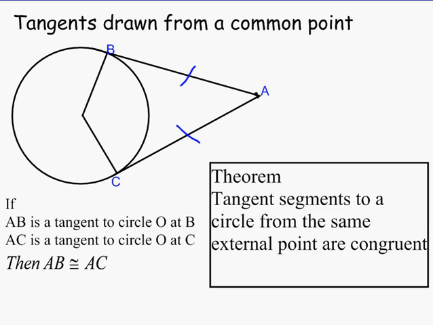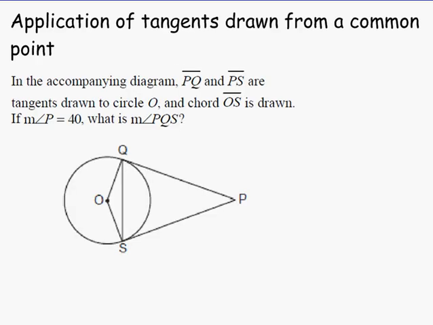Let's look at an application of this now. In the accompanying diagram, PQ and PS are tangents drawn to circle O and chord QS is drawn. If the measure of angle P equals 40, what is the measure of angle PQS? So I'm looking for this angle over here.